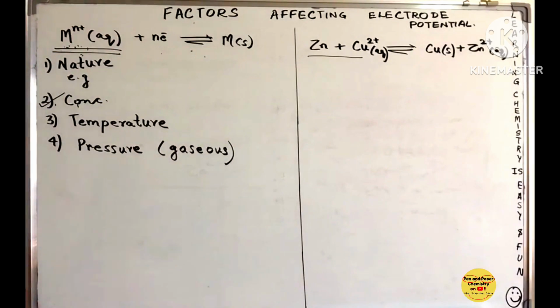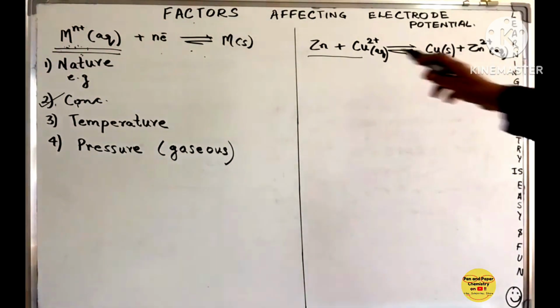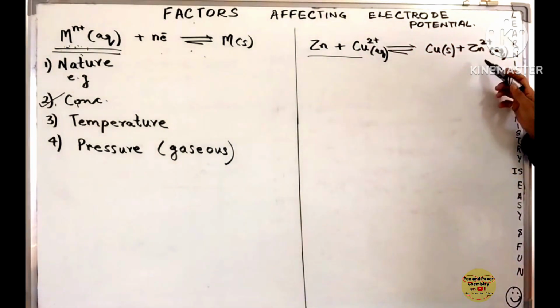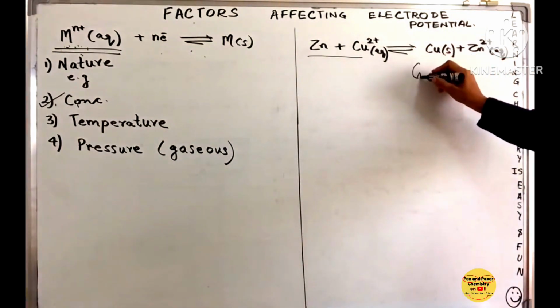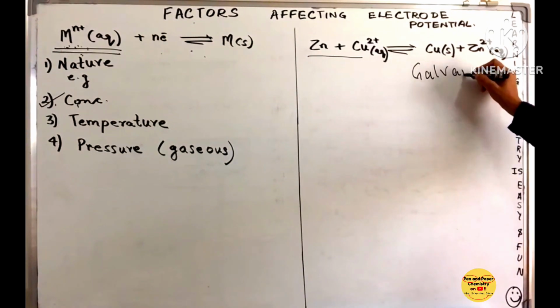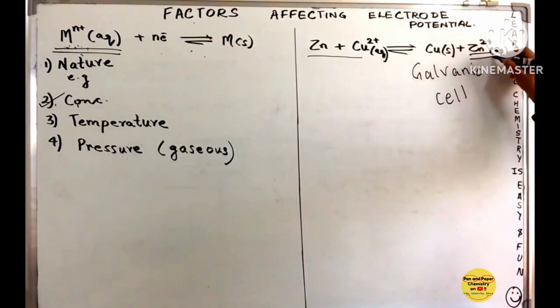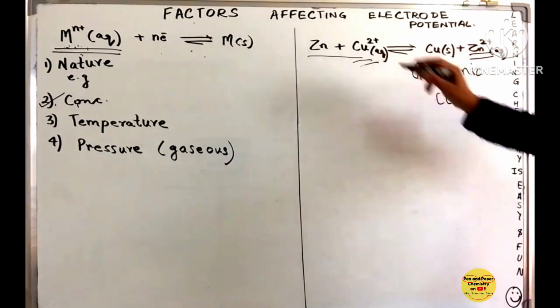For example, Zn plus Cu2+ giving you Cu plus Zn2+. We have all the while been talking about this galvanic cell, which involves zinc ions and copper ions.